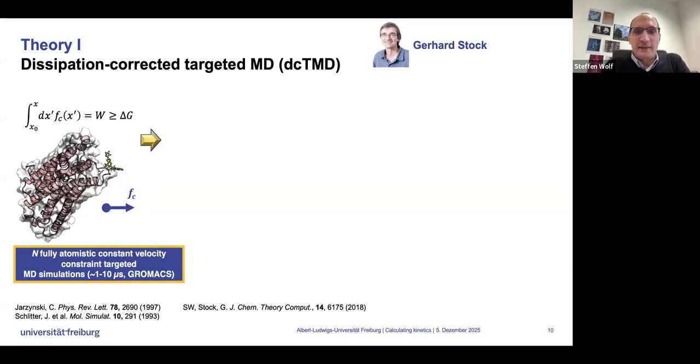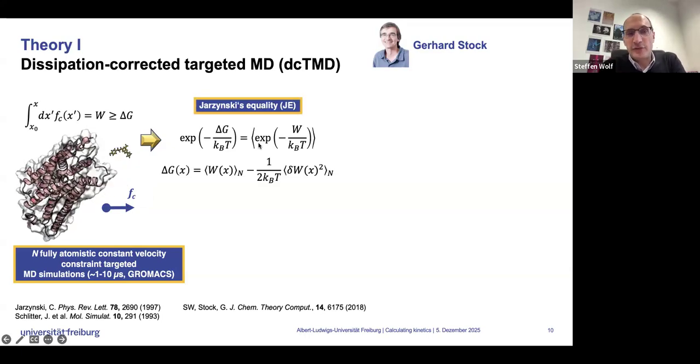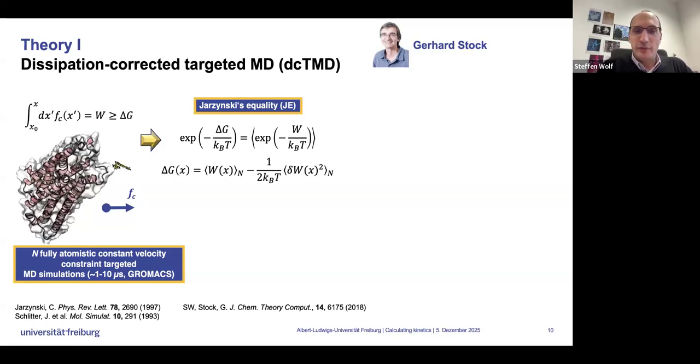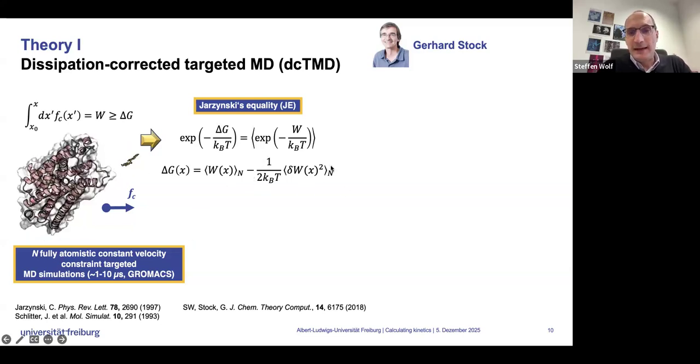Now, to obtain the free energy from this non-equilibrium work, we can employ Jarzynski's equality. However, Jarzynski's equality here in its pure form is numerically really inefficient, because this mean of an exponential decays very badly. So instead of this, we perform a cumulant expansion of the logarithm until second order.